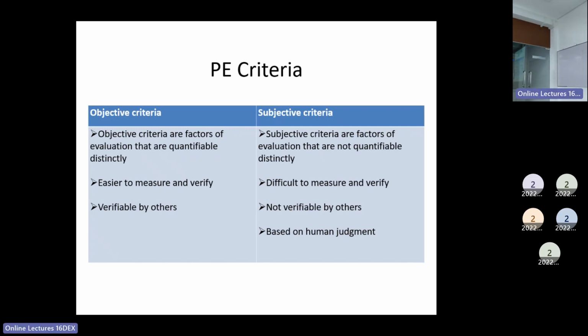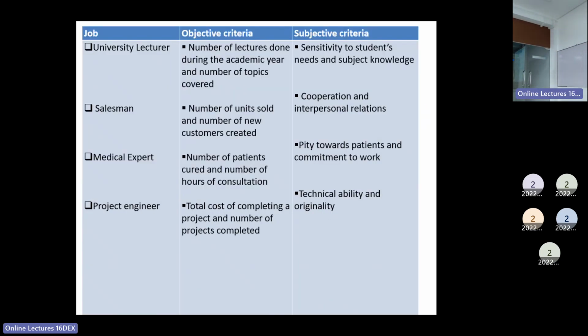Right. Okay, so you should be able to develop objective criteria and subjective criteria for any given profession or job. Lecturer: number of lectures done, sensitivity to students. Salesman: number of units sold, number of new customers created, interpersonal skills.